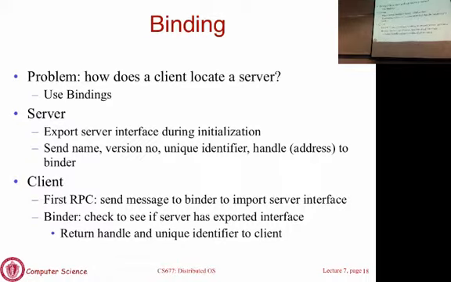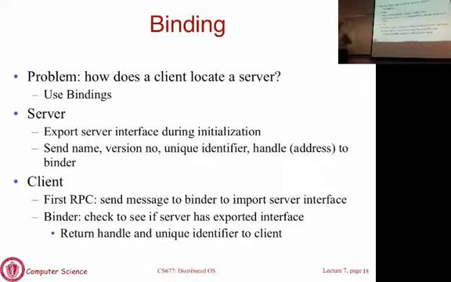The server will export its interface and register itself with the directory service, saying I am a server, I provide the add service. And the client, if it wants to call add, will first talk to the directory service: is there a server that provides the add service? Is there one registered with you? And if yes, then tell me its IP address and the socket that I need to communicate with.